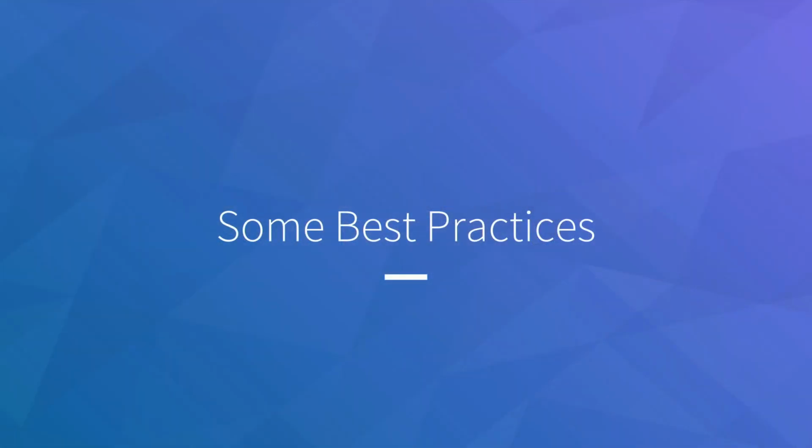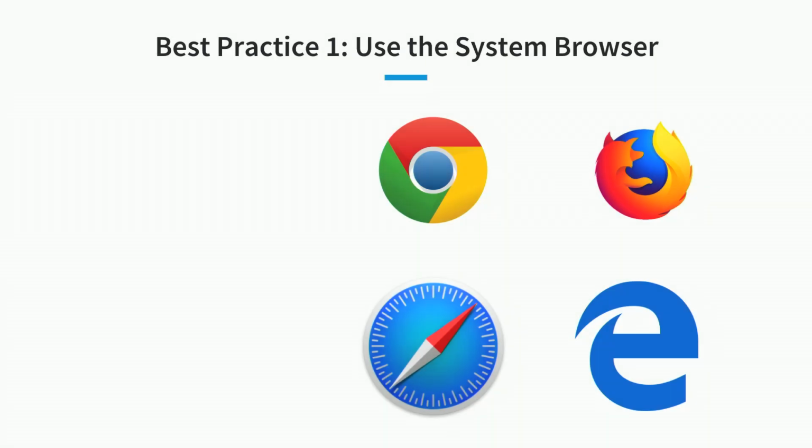All right, so let's talk about some best practices. Now I know what the problems are. The first is what I was just alluding to: use the system browser. There's a couple of reasons for this. The first is usability. Especially in desktop apps, users will pretty much always have active sessions going. If I'm on my desktop, I'll have an active session going with LinkedIn, right?